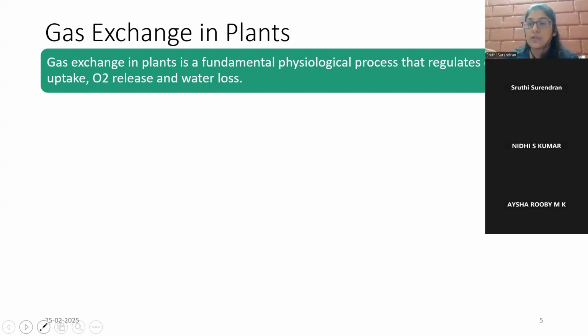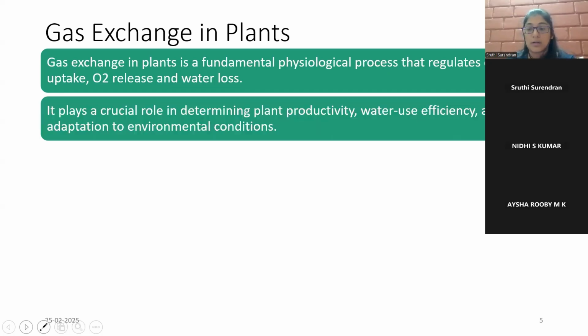There is an exchange of water in the form of water vapor between the leaf and the atmosphere. And at the same time, there is an exchange of oxygen also. As a result of photosynthesis, oxygen is released back into the atmosphere. So three types of gas exchange are happening with the help of these pores called stomata.